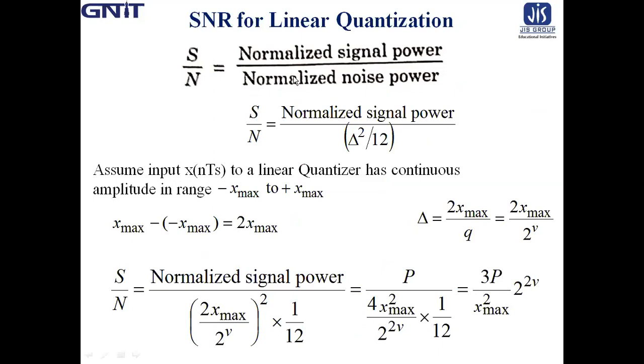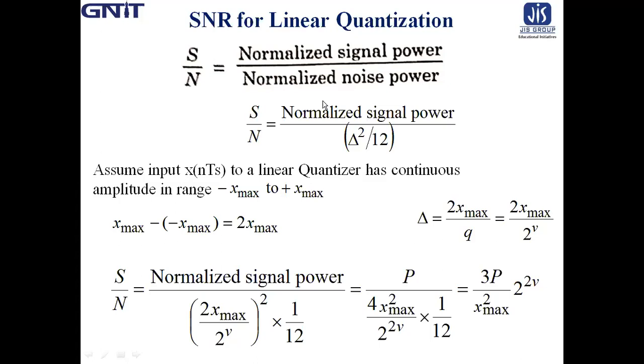We have already calculated in the last class that the quantization noise is del square by 12, where del is the step size. So we put in the value of the quantization noise.